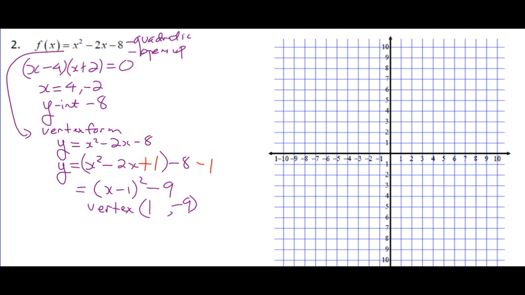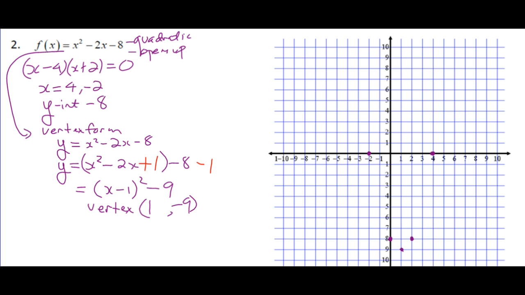All right, so we could do a pretty good sketch now of the original quadratic. We've got a vertex at (1, -9) and a y-intercept at -8. By symmetry, if we move 1 unit to the left of the axis of symmetry, then we move 1 unit to the right. We have intercepts at 4 and -2.